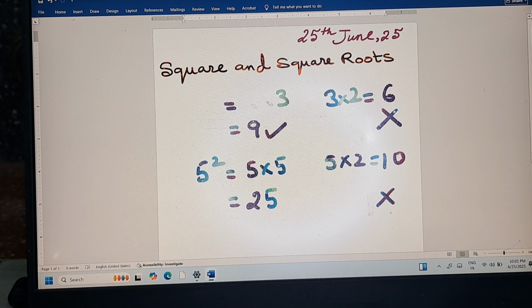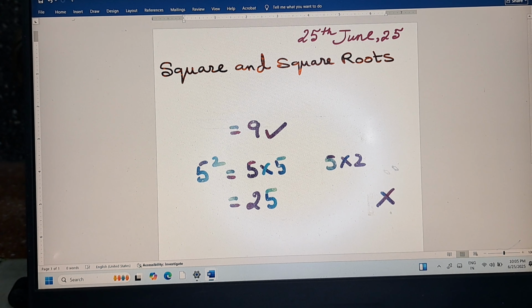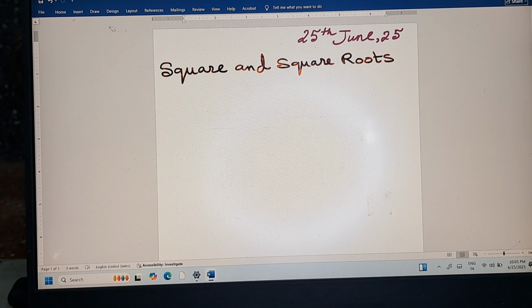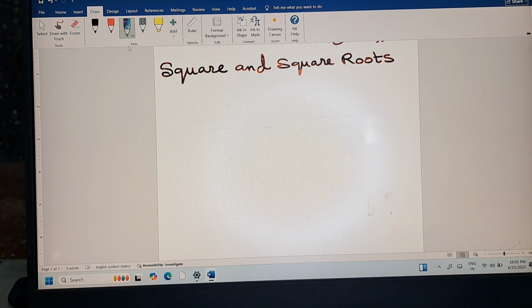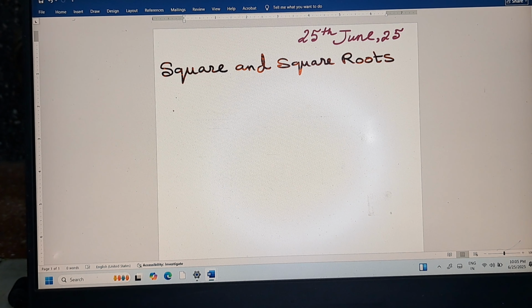So this way, today's topic is square and square root. We have to find the square root of a number with 2 different methods. Let us find out what are the 2 different methods we can use to find the square root of a number.